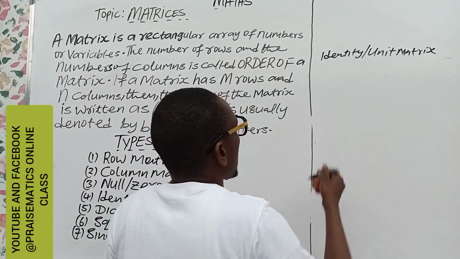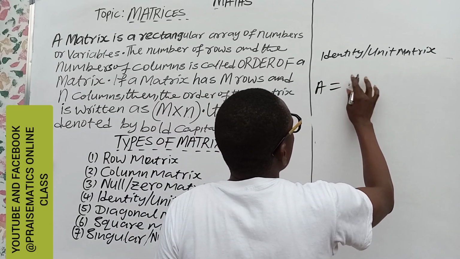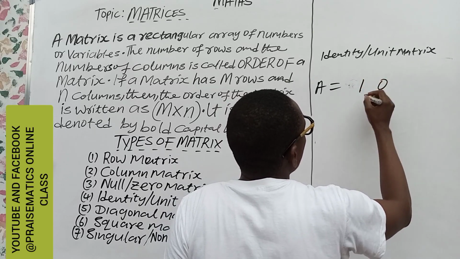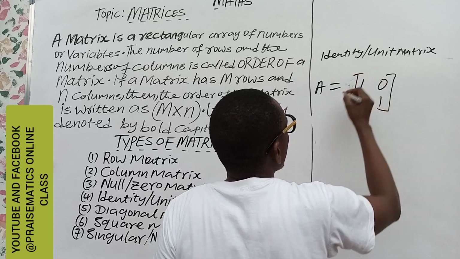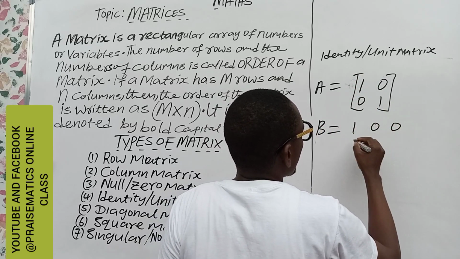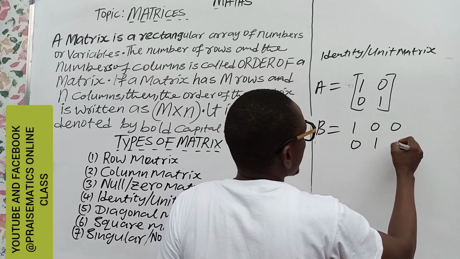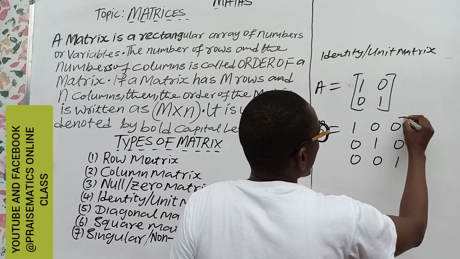Example, when we have A equals 1, 0, 0, 1. B equals 1, 0, 0, 0, 1, 0, 0, 0, 1.